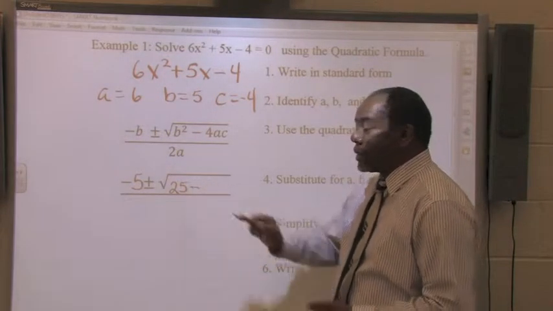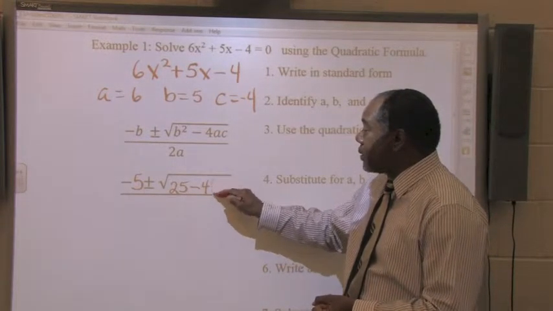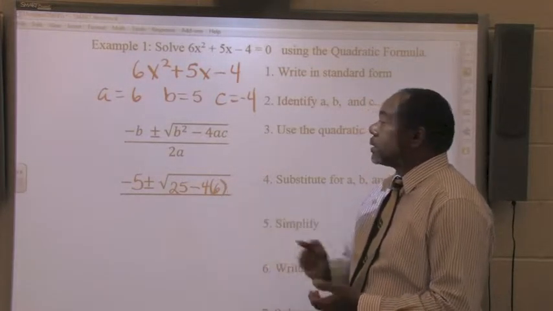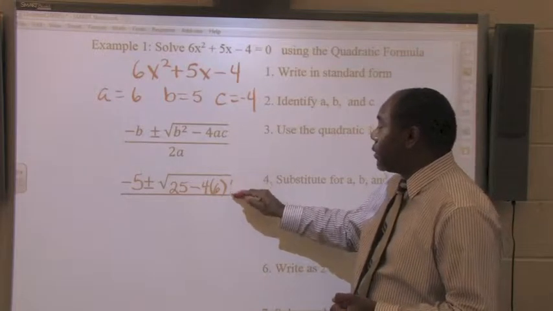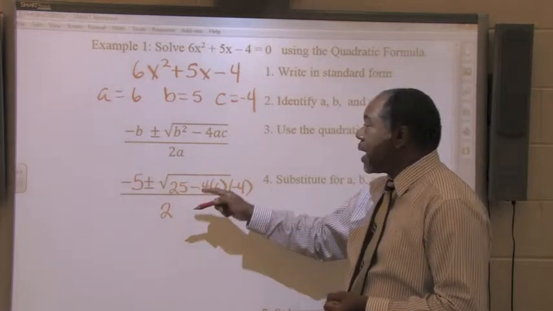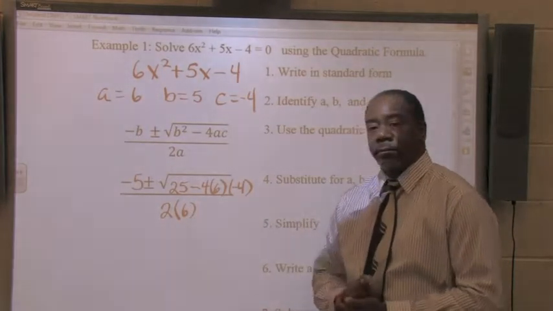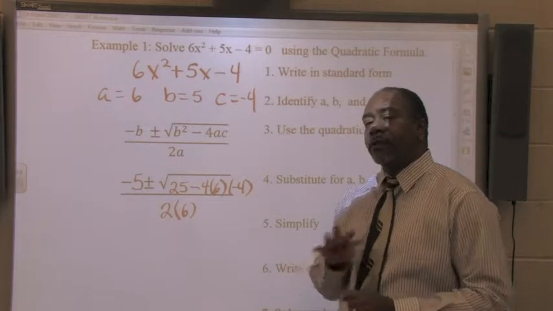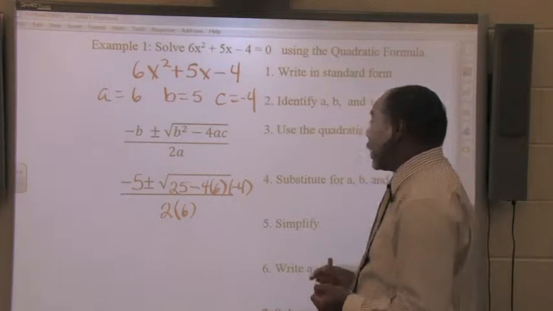Then, there's a minus sign, and then I have 4 times the a value, which is 6, times the c value. The c value is negative 4. All of that is over 2 times a, and my a is 6. Just plugging everything in is a good step. This is where you really got to take your time, because this is where most of the mistakes are made.